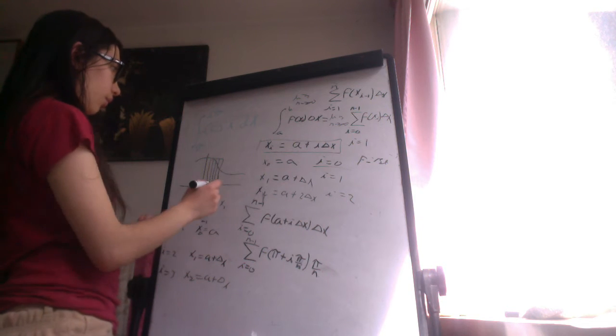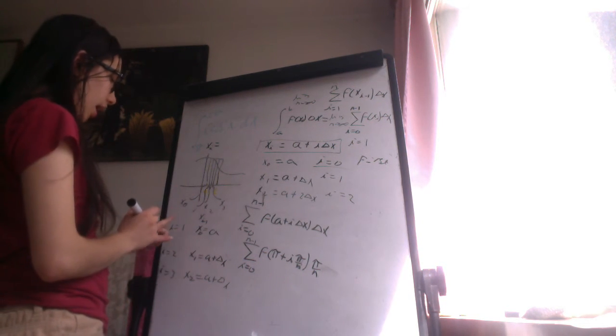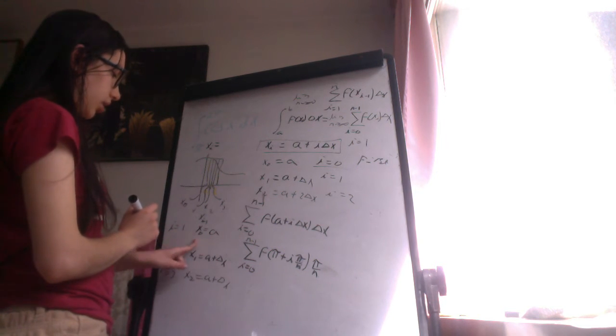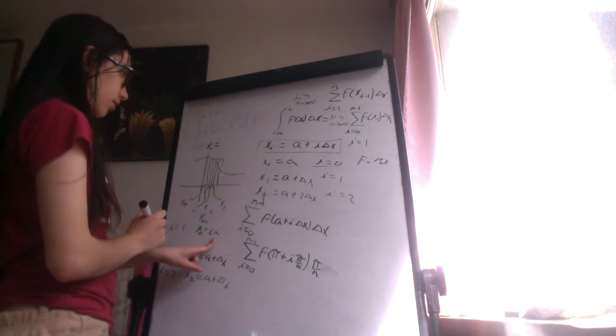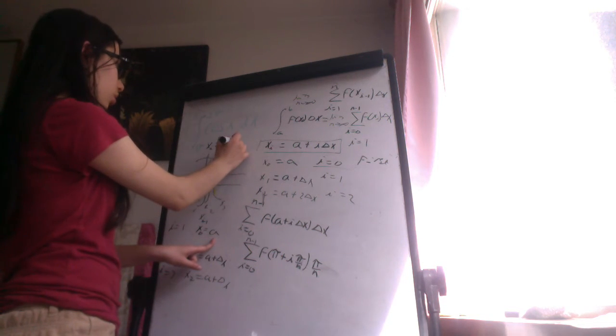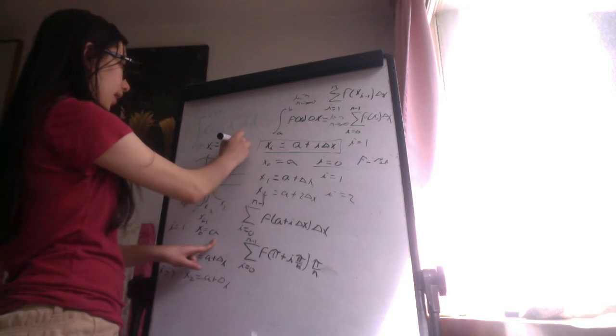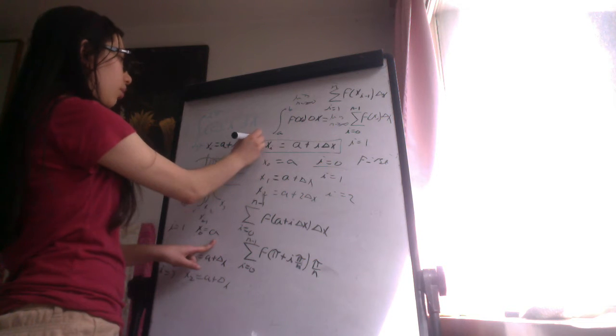Here, now our x sub i will be, when i is equal to 1, x of 0 is a. So we have a plus, here instead of having delta x times i, we would have delta x times i minus 1.